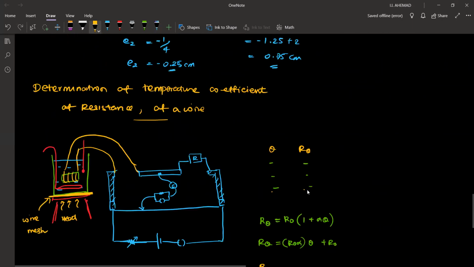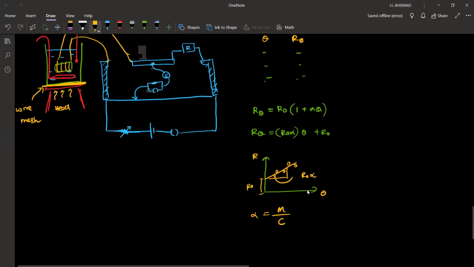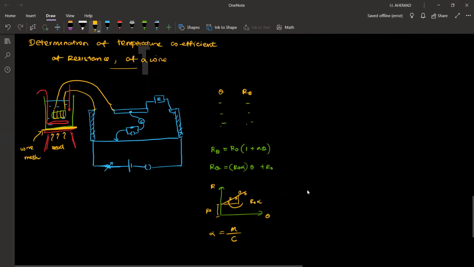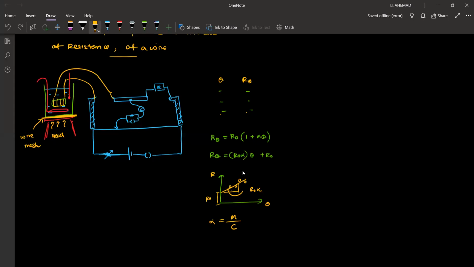Is the experiment in short clear? The idea of the experiment. Sarah, how about you?